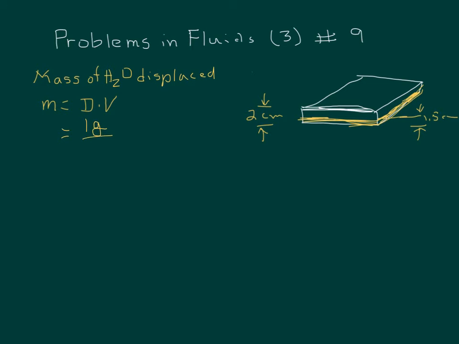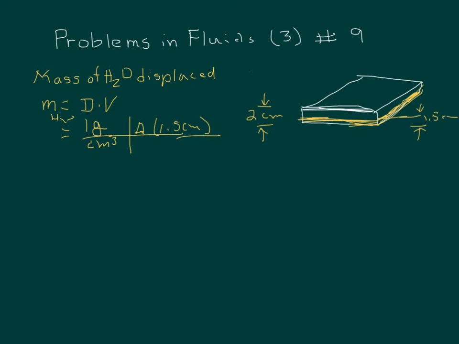So the density of water is 1 gram per cubic centimeter. The volume of water displaced is the area of the block times its depth, which is 1.5 centimeters. Now I have the mass, but I don't know the area of the block, but this is the quantities we know.